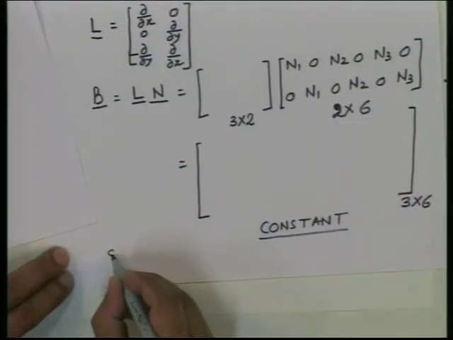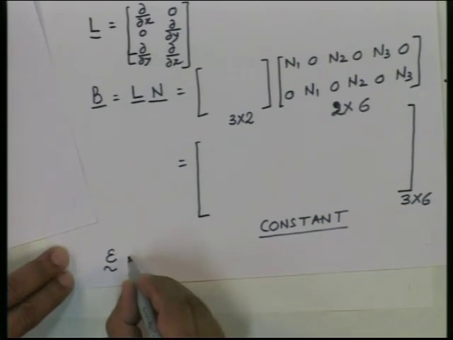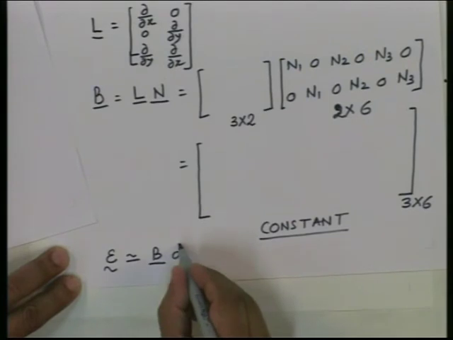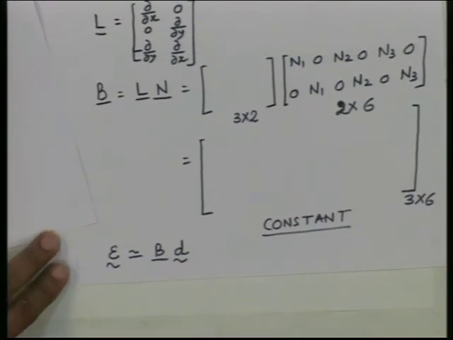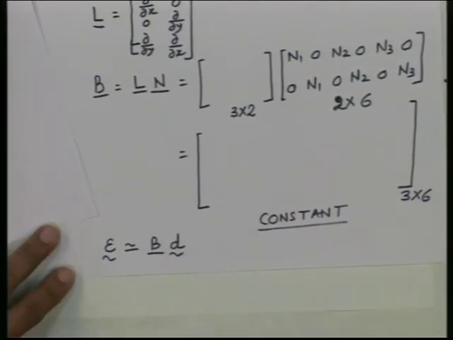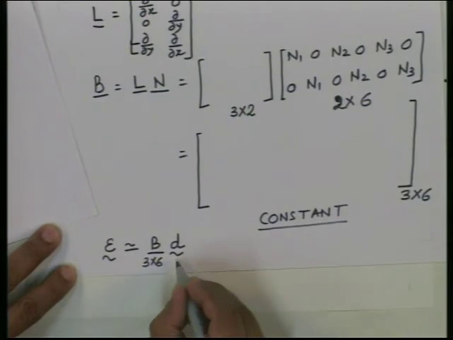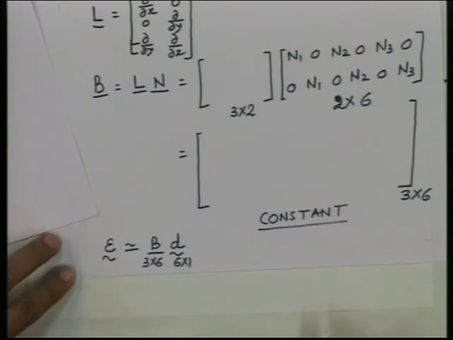After all, strain is given by B times D. This one is 3 by 6 and this one is 6 by 1, so you get 3 by 1.